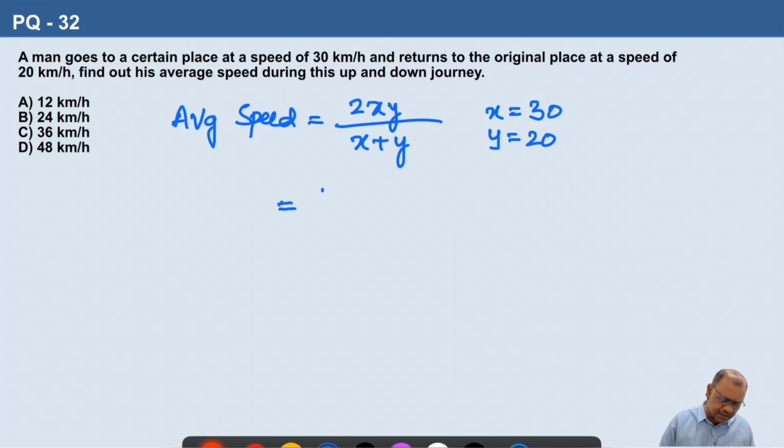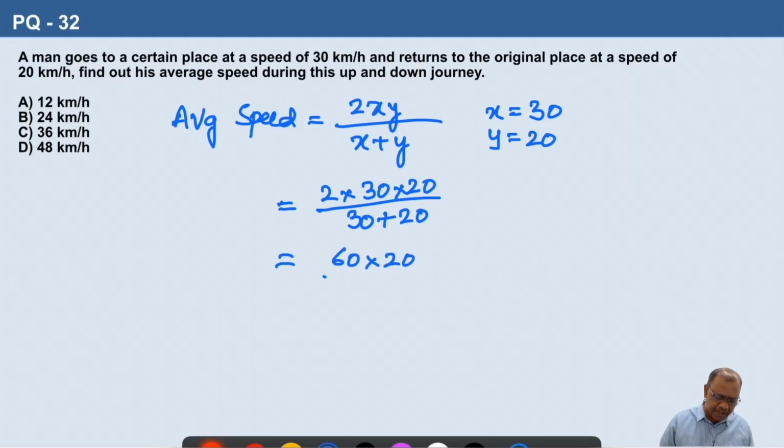Let us substitute in this formula and find out the average speed. So that is 2 into 30 into 20 divided by 30 plus 20. So that is 60 into 20 by 50. 10 6 times, 10 5 times.